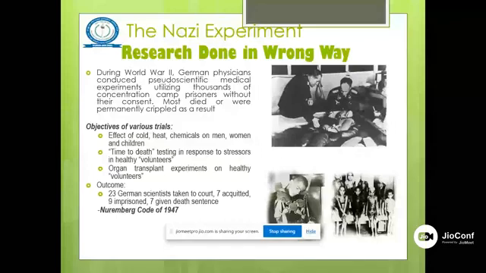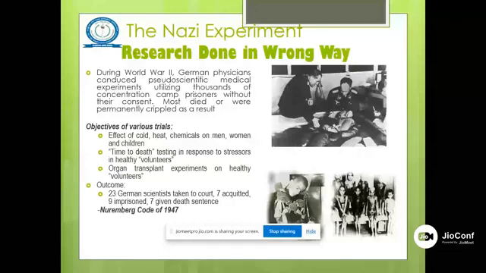They exposed the prisoners to freezing experiments, sterilization experiments, and they even did time-to-death testing in response to stressors in healthy volunteers. There were organ transplant experiments also done on healthy volunteers. And as a result, most of the subjects were either permanently crippled or died as a result of these experiments.